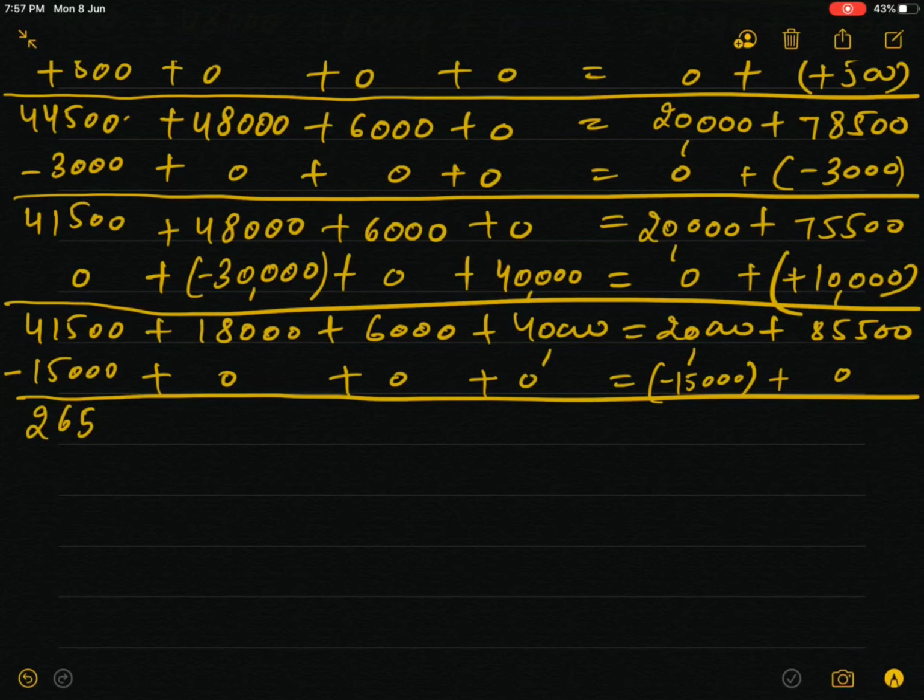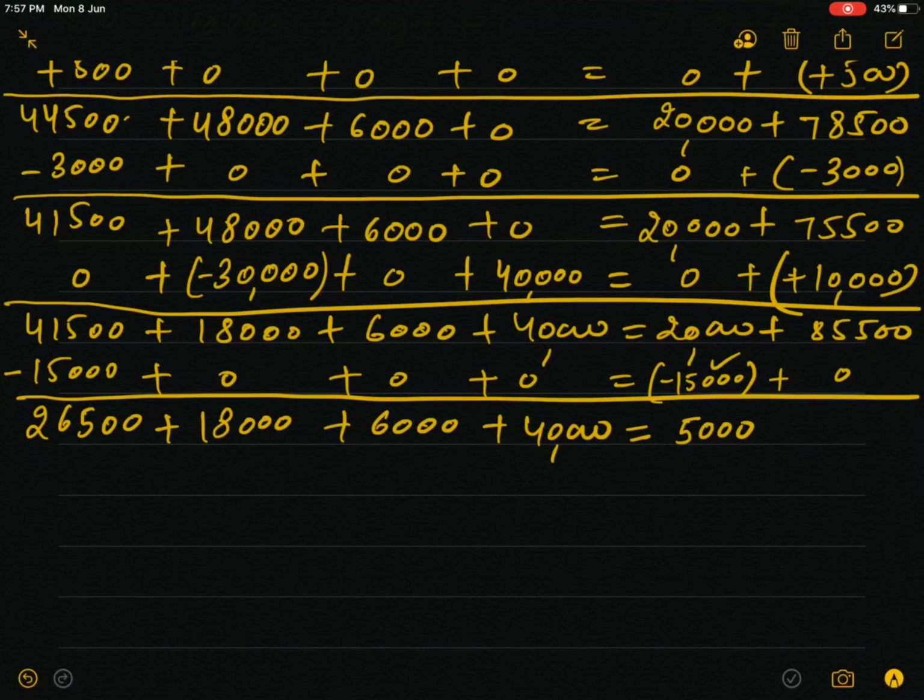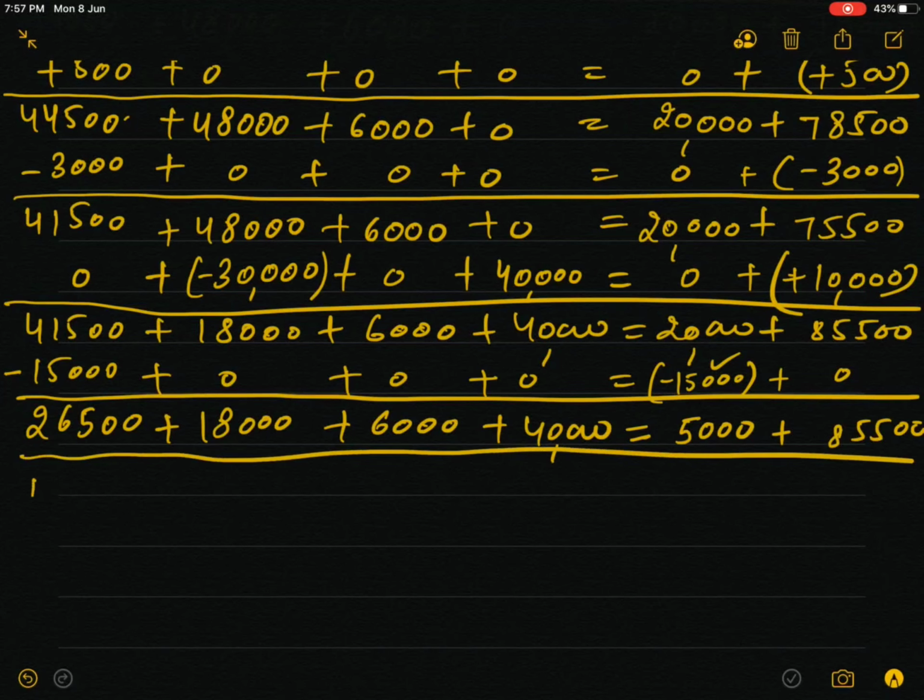Our new equation is 26,500 cash available in the business. Stock is 18,000, 6,000 furniture, and 40,000 debtors. Now creditors is 5,000 because 15,000 we paid, and capital is 85,500. This is the new equation.